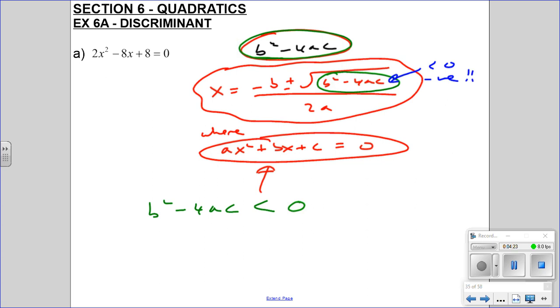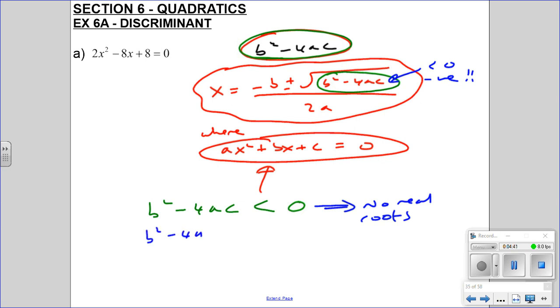You can't square root a negative. So therefore, this would translate to having no real roots. And remember what that means: the graph does not cross the x-axis. So no real roots, because you can't square root a real negative number at this point.